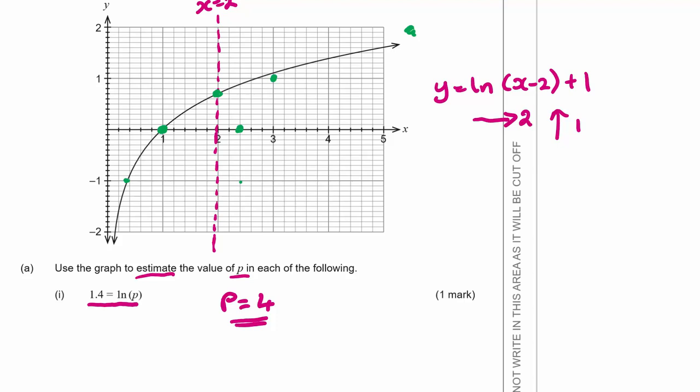So that's going to move it to about there. So if I come up the asymptote and then make sure I hit those 3 points, that will probably be accurate enough to make sure I get all the marks.